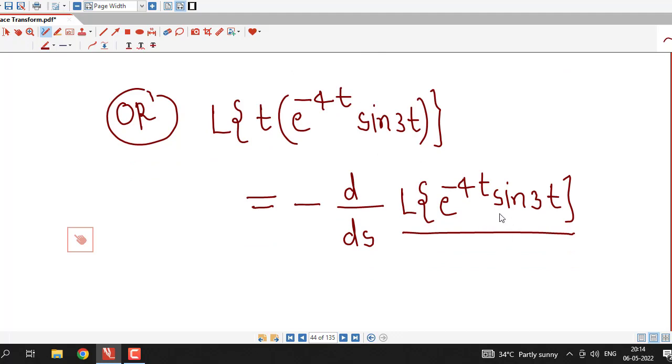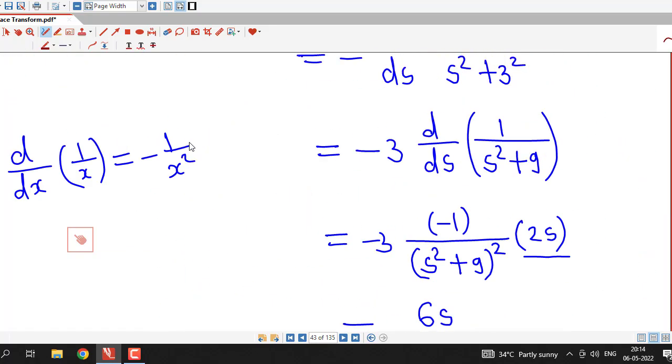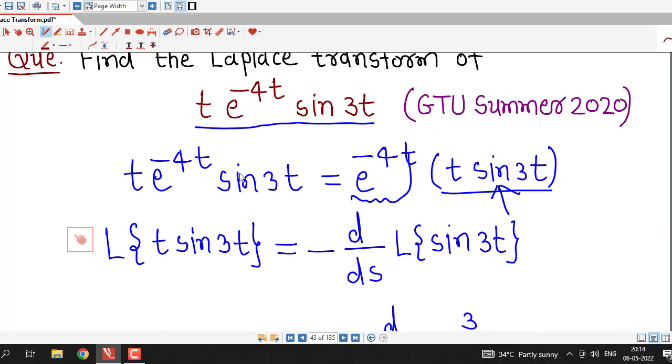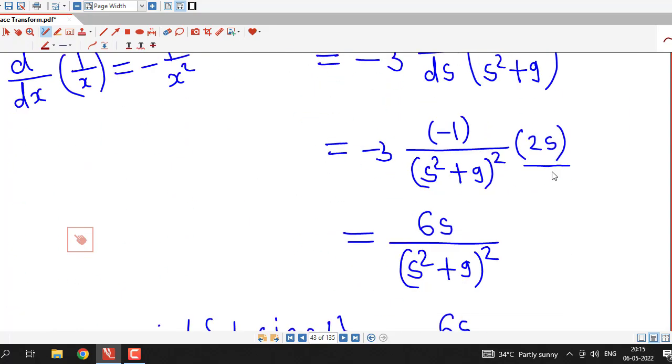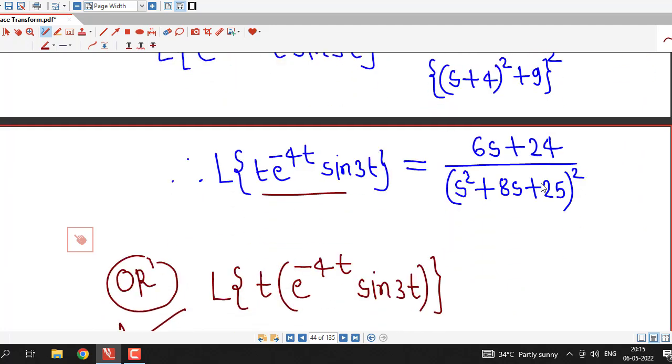We know Laplace transform of sin 3t, so in that Laplace transform we will replace s by s plus 4 and then we will take derivative. So either we can go in this way or in this way. Both the methods are correct. Here I have first obtained Laplace transform of t sin 3t, and then applied first shifting theorem and obtained this Laplace transform.